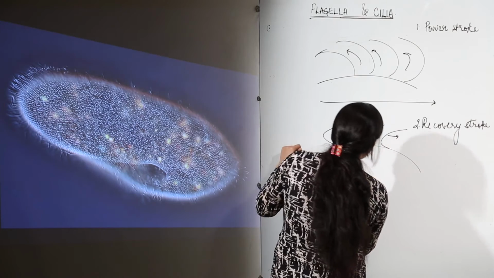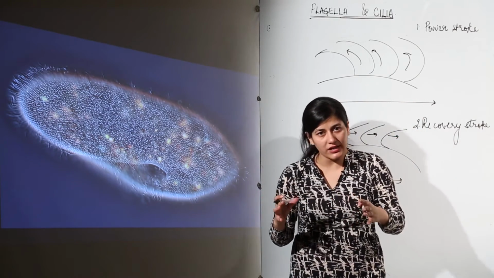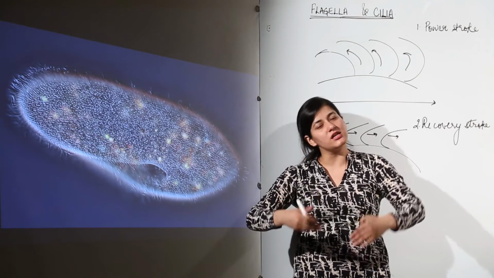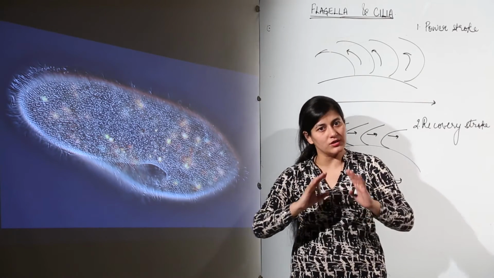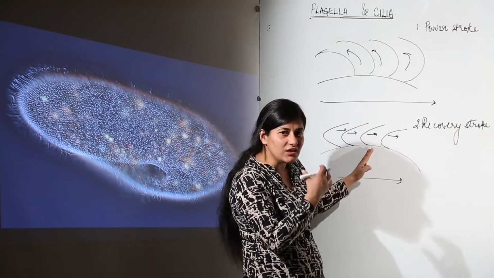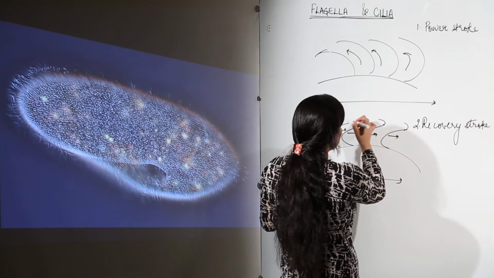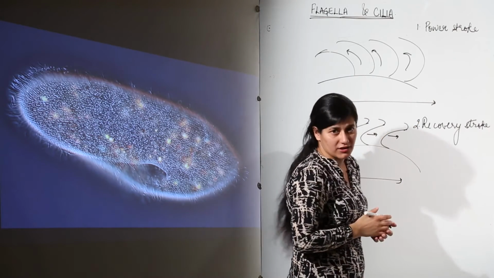This particular stroke is known as the recovery stroke. The movement is generated by the power stroke, and the recovery stroke is to bring the cilia back into their original condition so that they can take another power stroke.